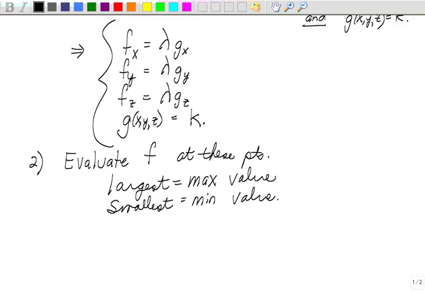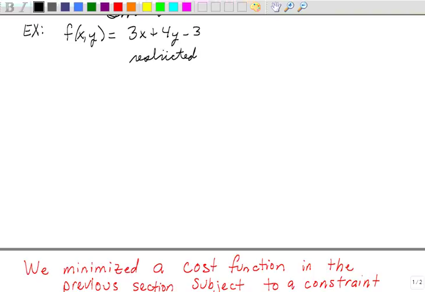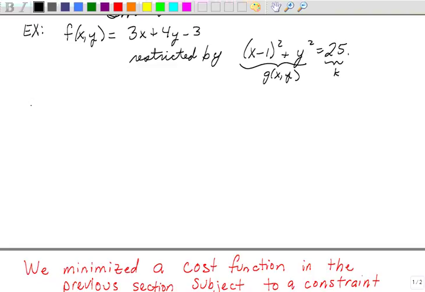Okay, so let me do an example. f of x, y is going to be 3x plus 4y minus 3, restricted by the circle. So this is g of x, y, and this is our constant. All right, and this is our f of x, y.